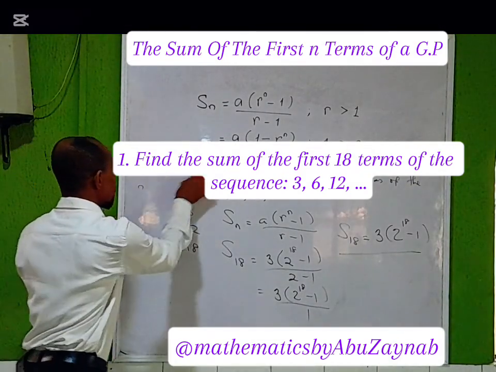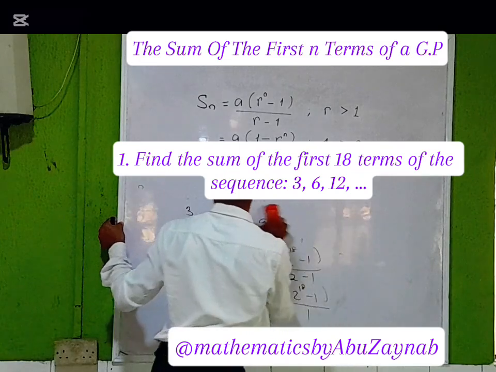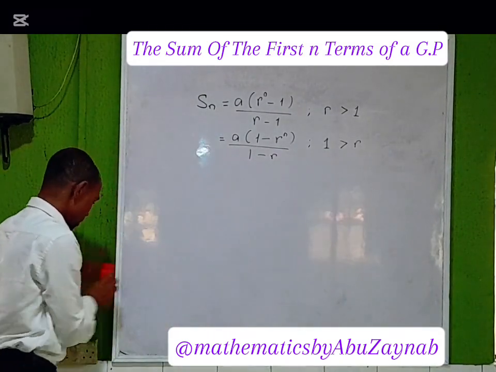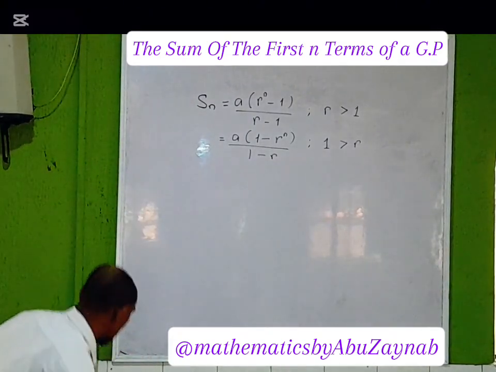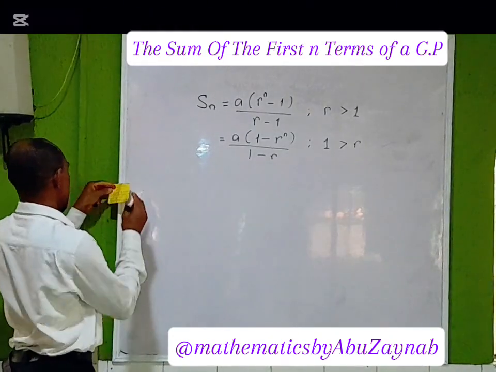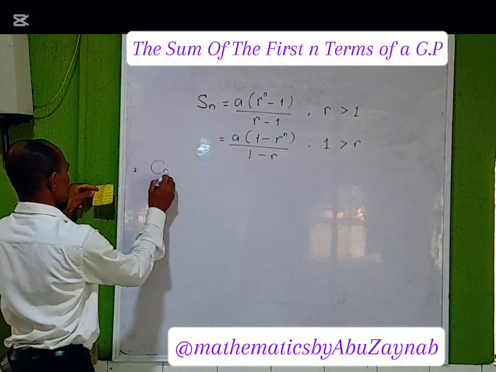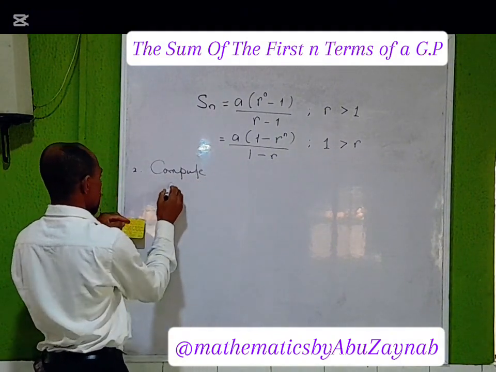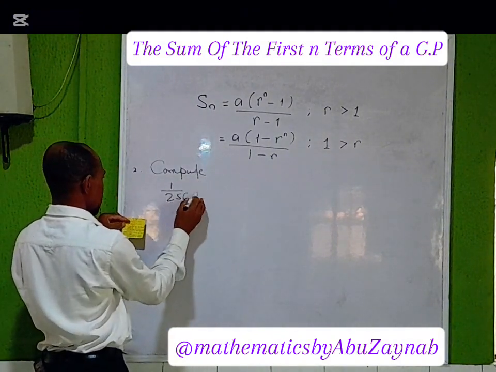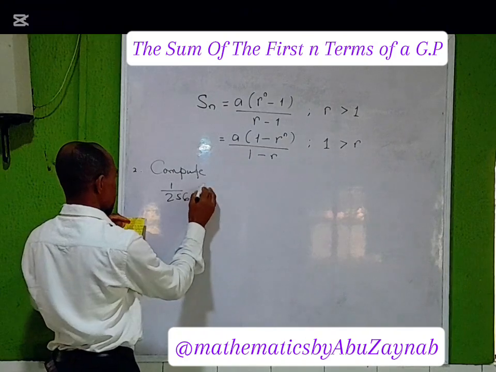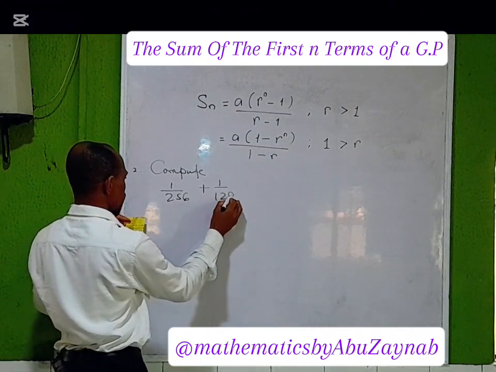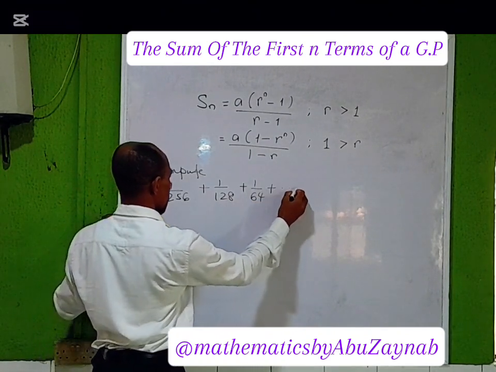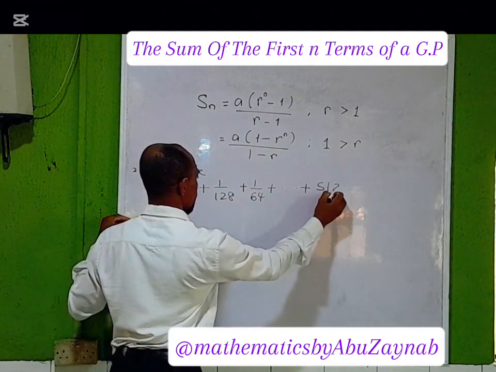Okay, let's take number 2. For number 2, we need to compute 1/256 + 1/128 + 1/64 + ... + 512.